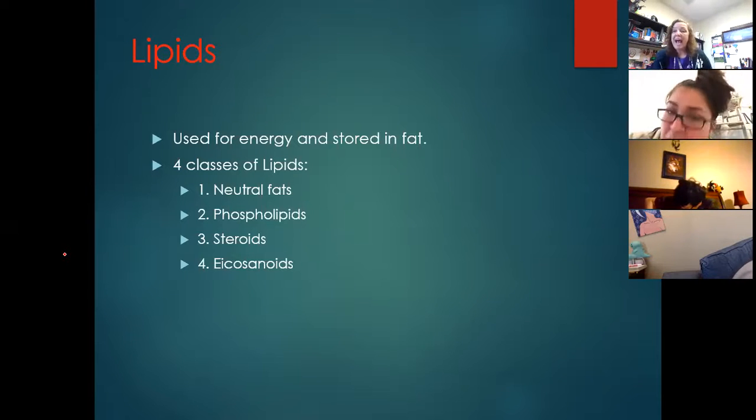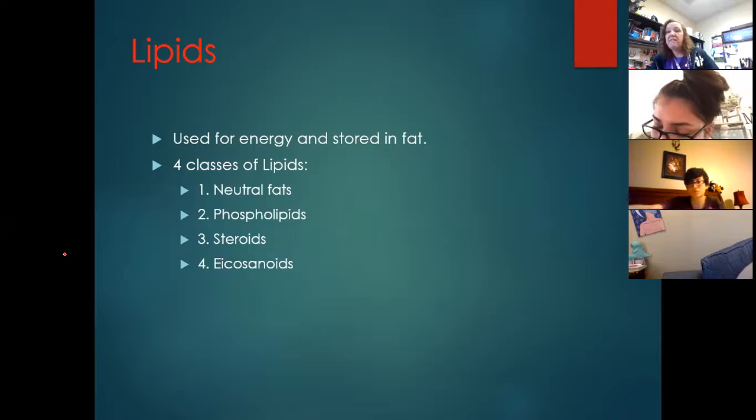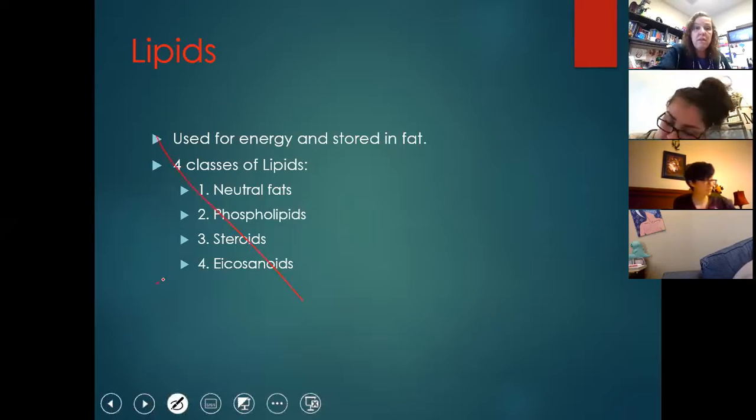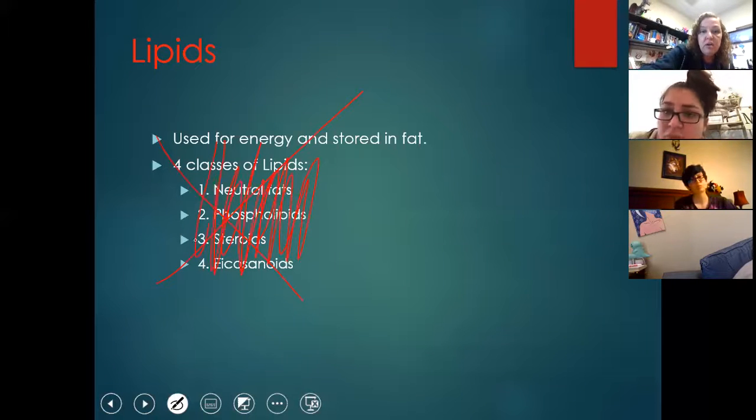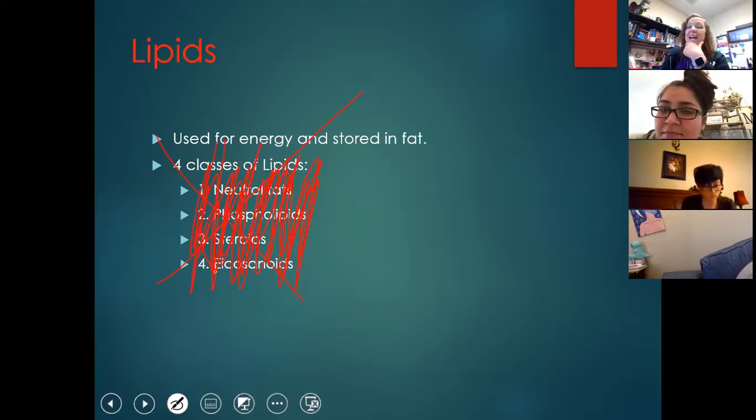So you have adipose, which is just the medical term for fat. Sadly, we have fat everywhere, and fat is the storage unit for energy. So do not write down any of this. I do this so you can't even see it anymore. We're not going to be going over a whole lot in the 4 classes.